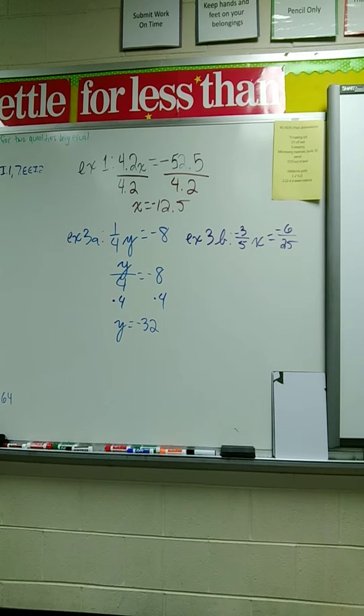You multiply by the multiplicative inverse, or the reciprocal, right? Could you write this as multiplying by negative 5/3 instead of dividing by negative 3/5? Does it matter which one you use? No.